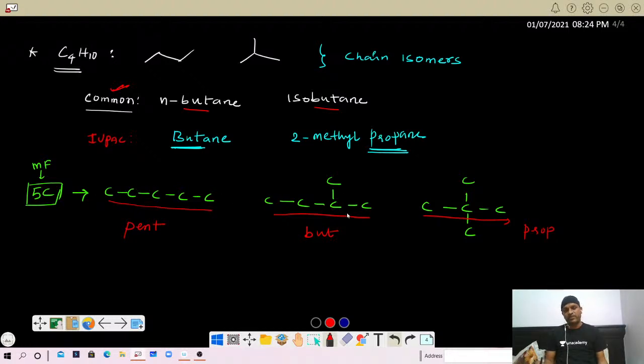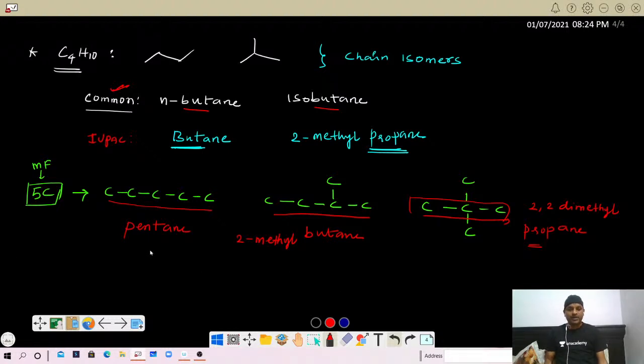In the IUPAC system, this is 2,2-dimethyl propane, and this is 2-methyl butane. It is a simple pentane.